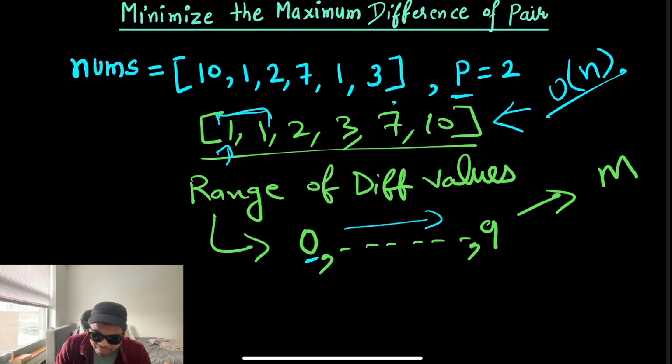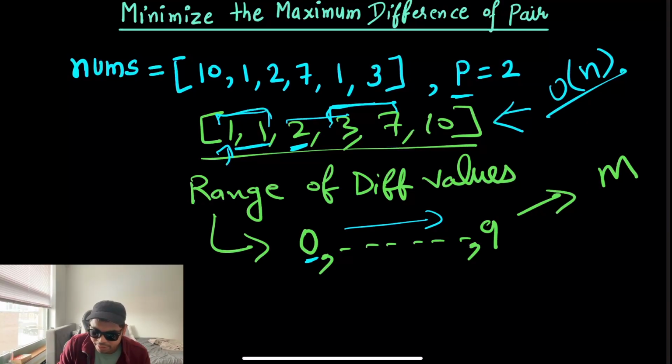Then I'll increment my pointer by 2 because these two elements I have used. So I'll try comparing these two, and I see that these two do not have a difference of 0. So I'll try another element, and then I'll increment by 1. So I'll try these two. Remember why I'm doing this: because I'm not utilizing this, so I need to try the next element.